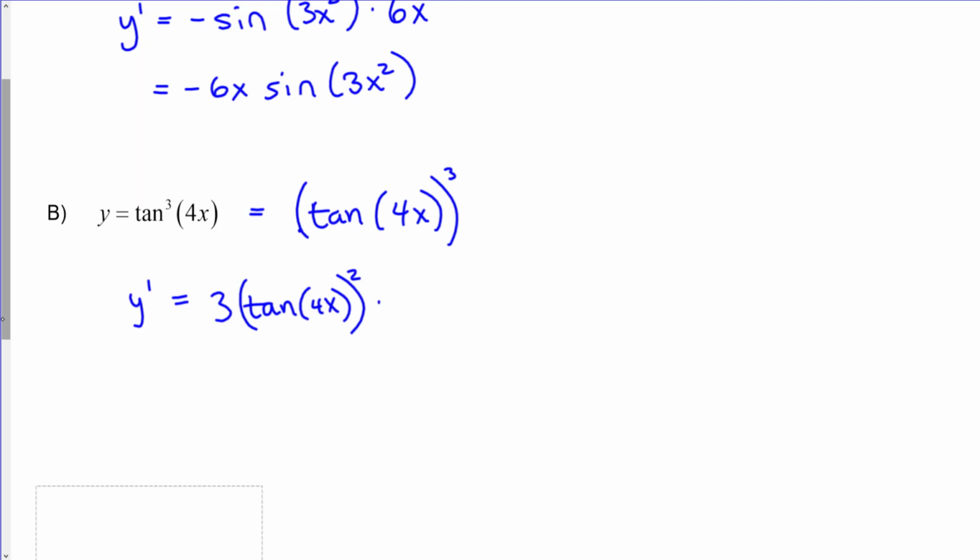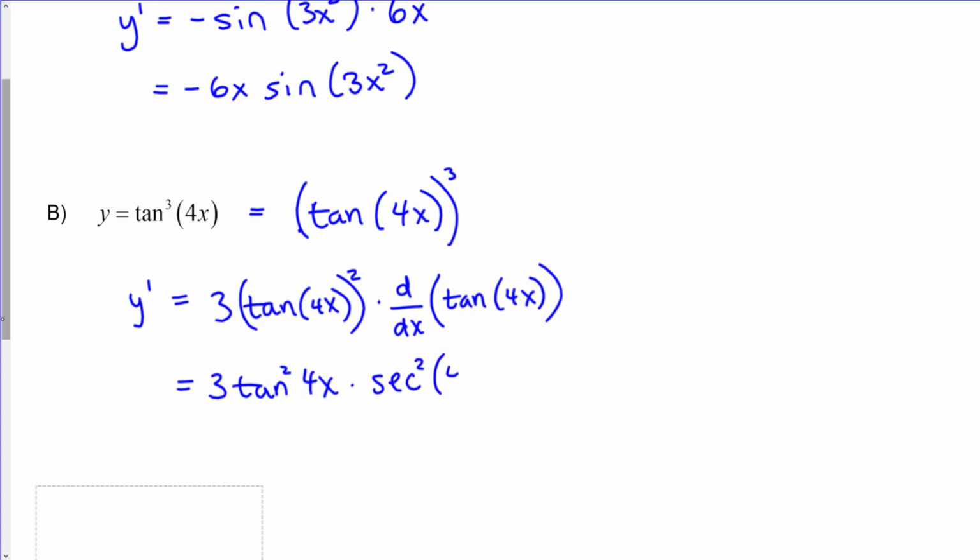Now that gets multiplied by the derivative of the inner function. Well, the inner function is tangent of 4x, which in order to do the derivative of that, I also have to use the chain rule. So this is going to be 3 tangent squared of 4x times, all right, now the derivative of tangent 4x. The derivative of tangent is secant squared, so I do secant squared of 4x times the derivative of the inside part.